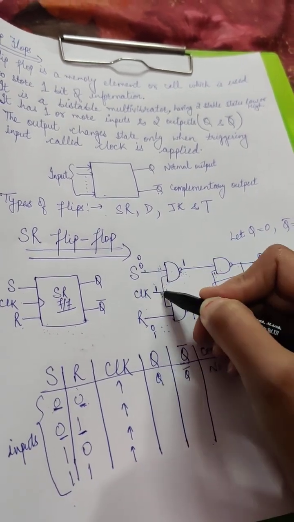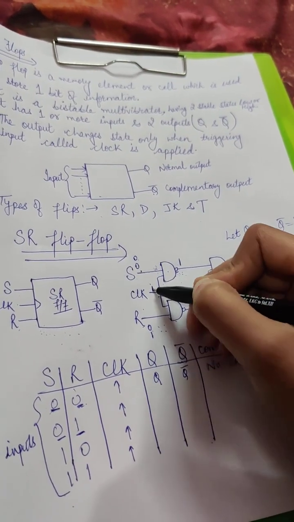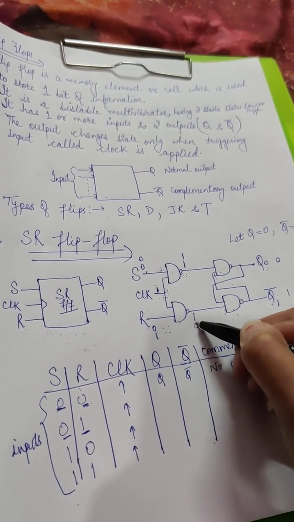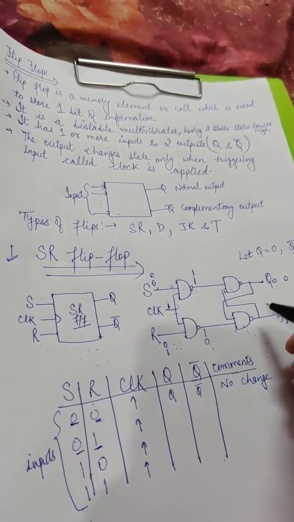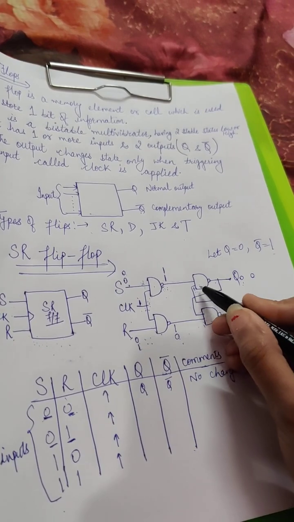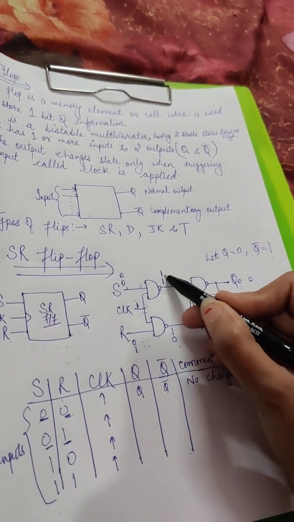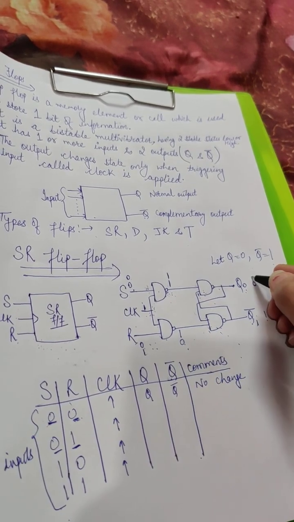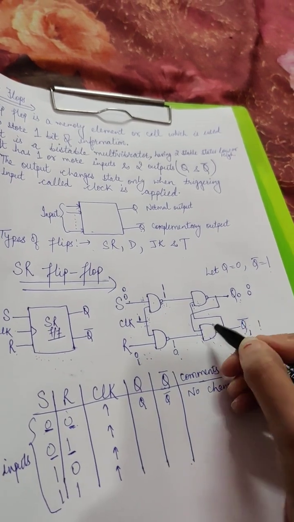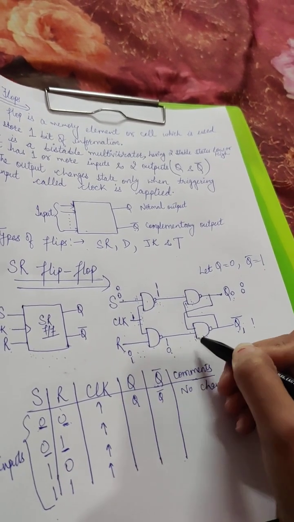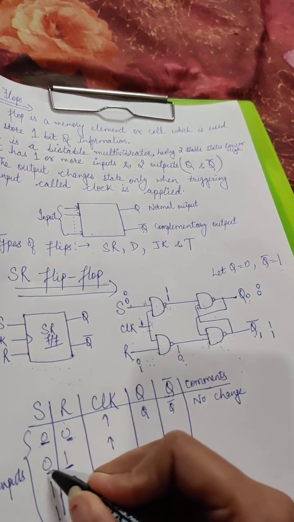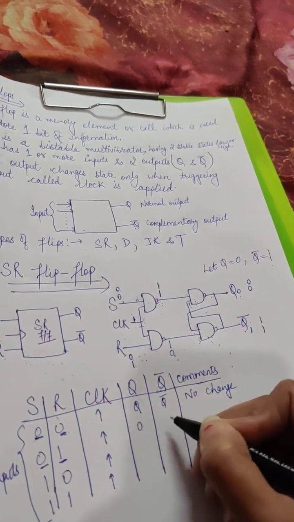So similarly, same procedure. 0 into 1 is 0 and its complement is 1. 1 into 1 is 1 and its complement is 0. इसी तरह से यहाँ पर दिस क्यू बार इज 1 और ये 1 यहाँ फीडबैक होगा इस गेट में, तो यहाँ पर 1 into 1 is 1 and its output complement is 0. ये 0 इधर फीडबैक होगा, this is feedback into this gate, so 0 into 0 is 0 and its complement is 1. So output for 0 1 input is 0 and 1.